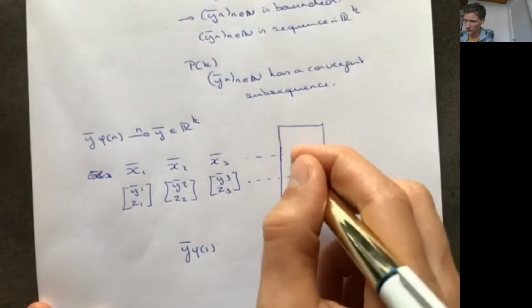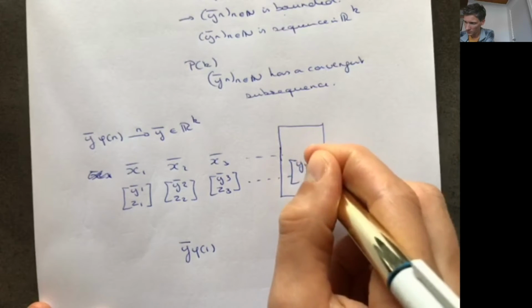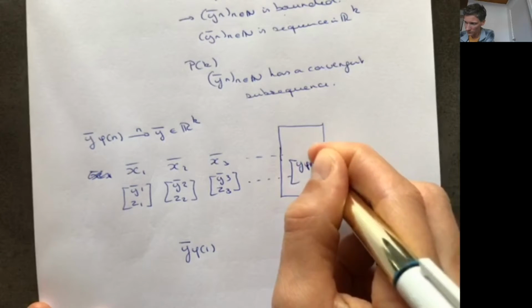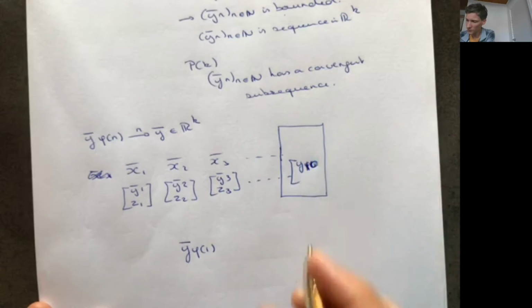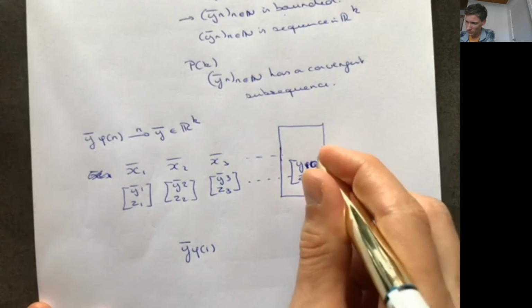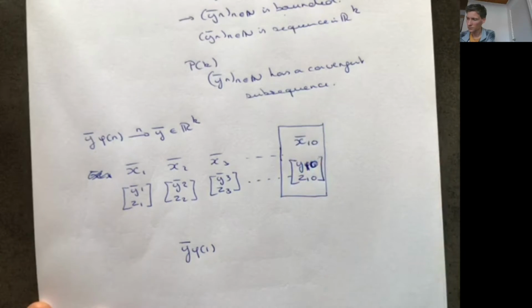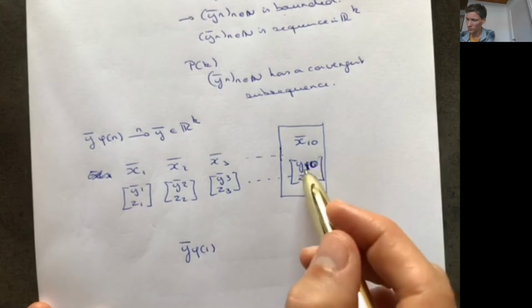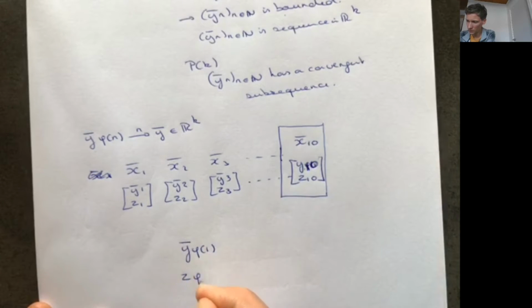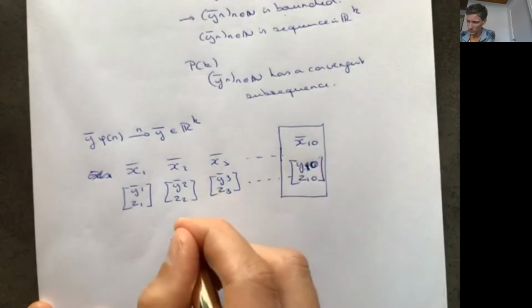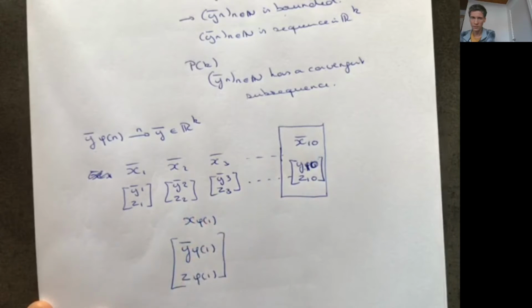Here I have y10, the 10th element in the sequence. Of course, I have a z10 and I have an x10. So if phi of 1 is equal to 10, then z10 will be z phi 1, and this will be associated with the vector x phi 1.